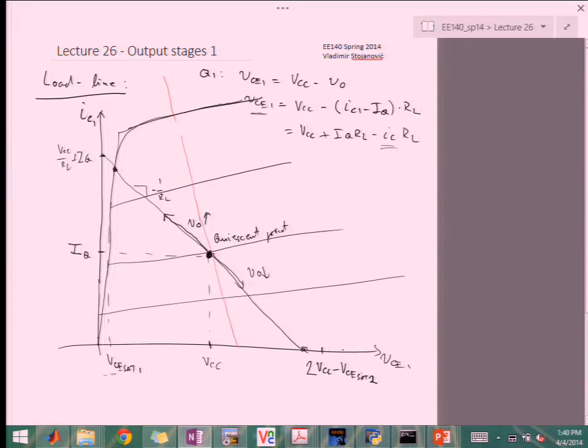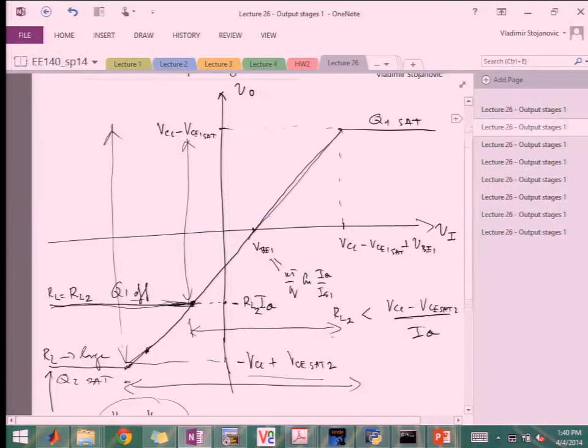And what we said on the previous picture is that if we have RL that's very small, then even if the whole IQ goes through it, it will only be able to create RL times IQ of the Vout. So it's going to be a relatively small voltage.